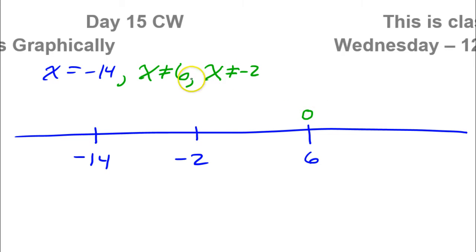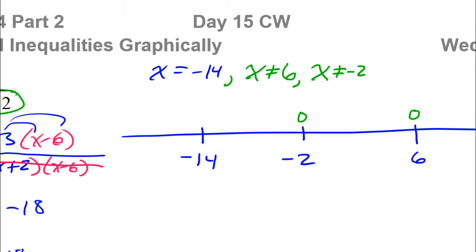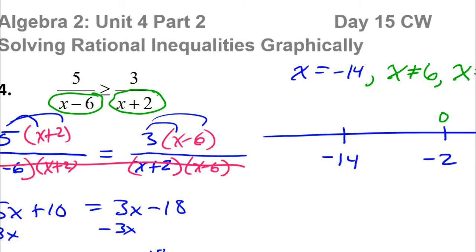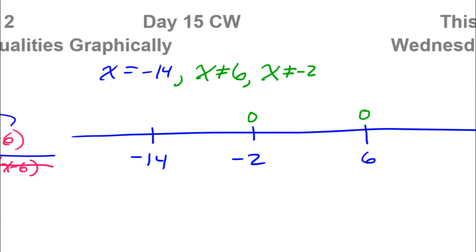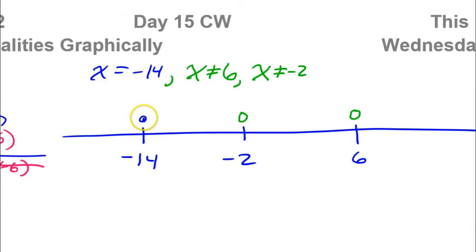So open circle on the 6, open circle on the negative 2. The negative 14 sometimes is open, sometimes is closed. What about this time, Luis? Open or closed? Closed. Anytime it's greater than or equal to, it's going to be a closed circle to show that it's included in the solution.